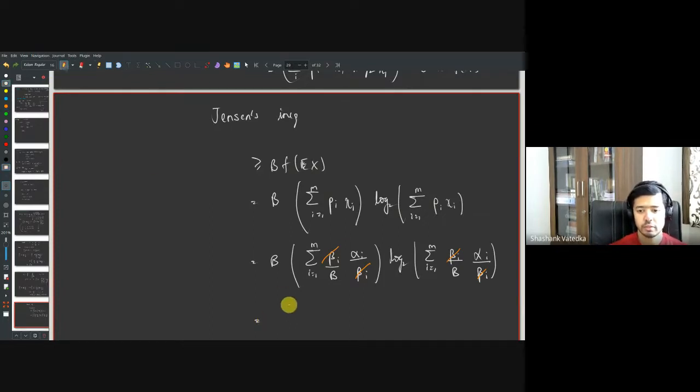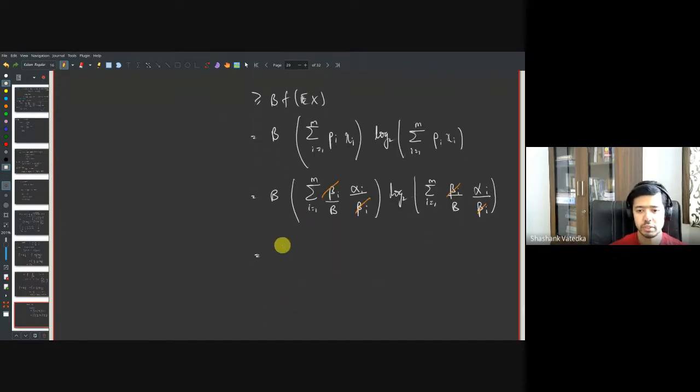All right. But then what is this equal to? This is b times summation over i equal to 1 to m of alpha i by b, log summation i equal to 1 to m of alpha i by capital B. Now once again I can cancel these two b's.